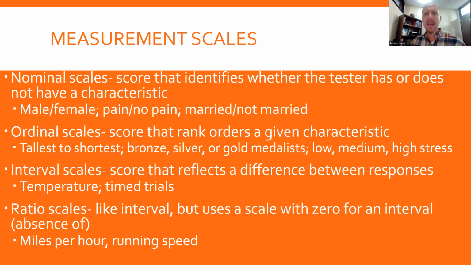So there are different types of measurement scales: how our numbers are derived, what they mean, and how they're used. Nominal scales give a score that identifies whether the tester has or does not have a characteristic. Think of your intro to statistics. If your demographic is a boy, you might code that as a 1, and a girl would be a 2.